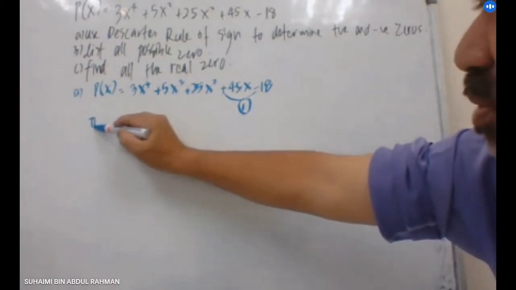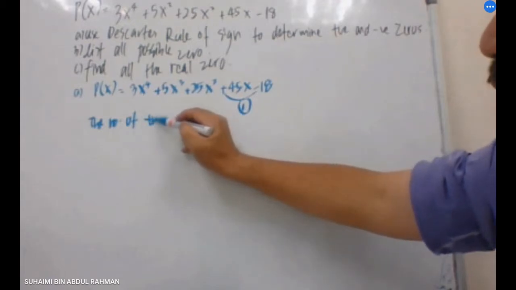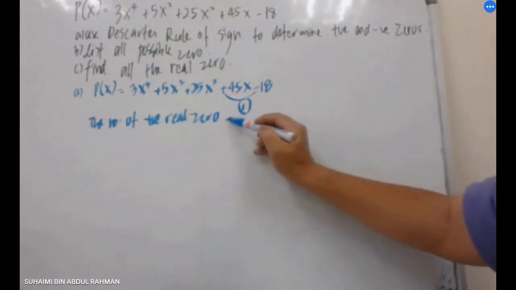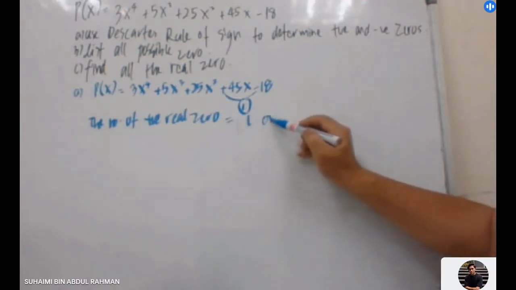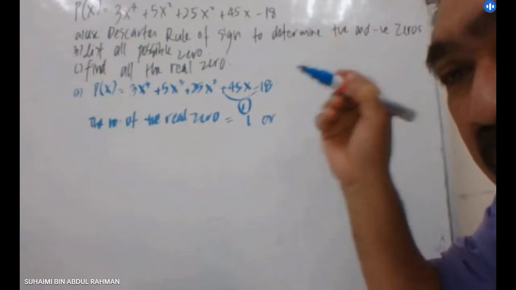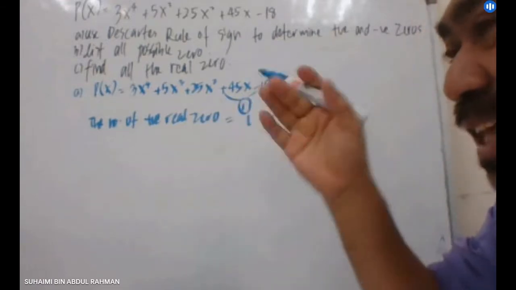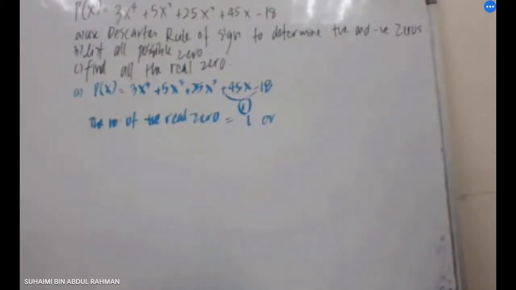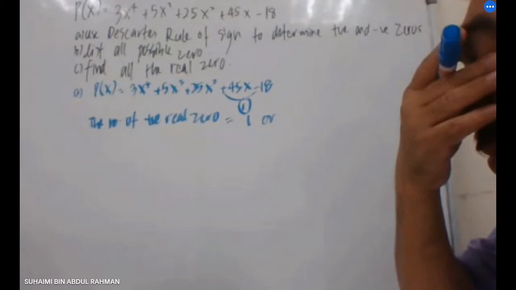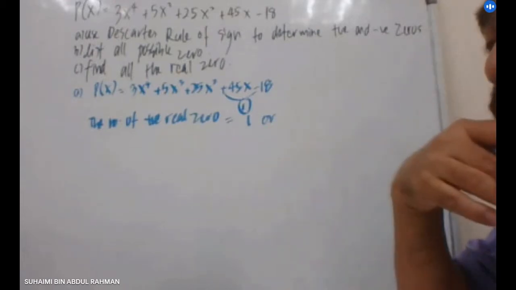So we can say that the number of positive real zeros is either 1 or, as I remember from the definition, less than that number by an even integer.